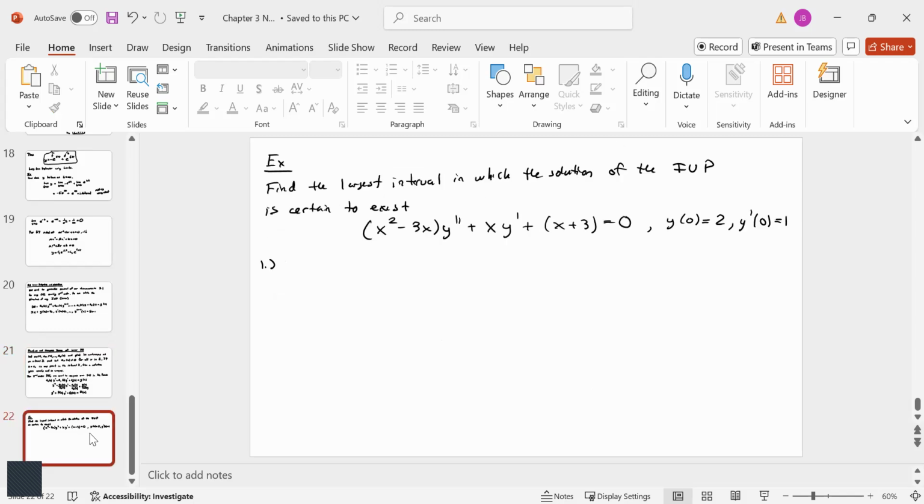So step 1 is to isolate y double prime. What we end up getting is y double prime plus x over (x squared minus 3x) y prime plus (x plus 3) over (x squared minus 3x) y equals 0.